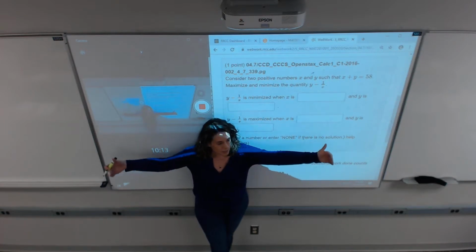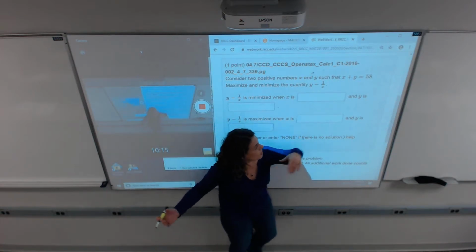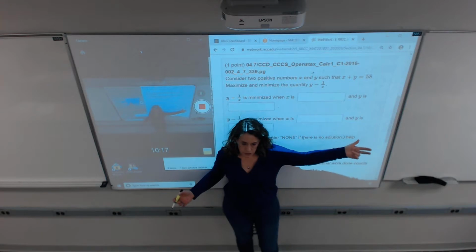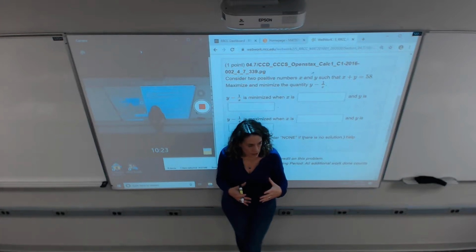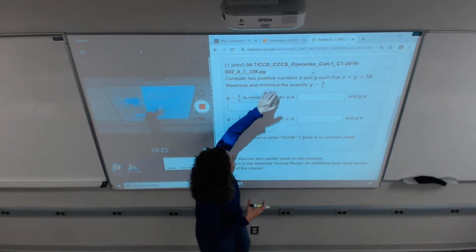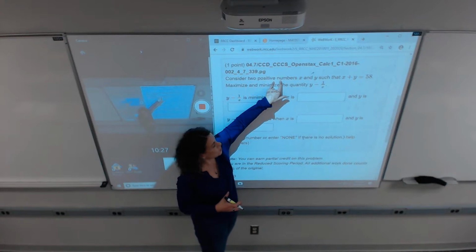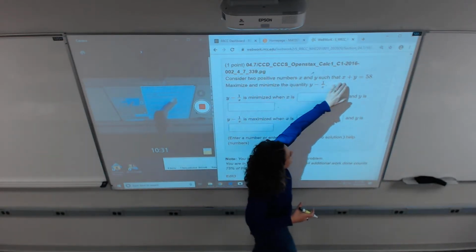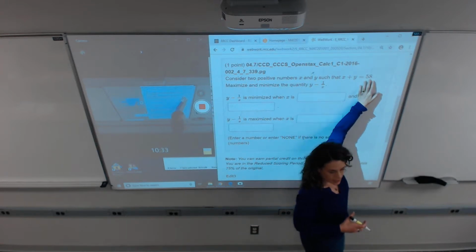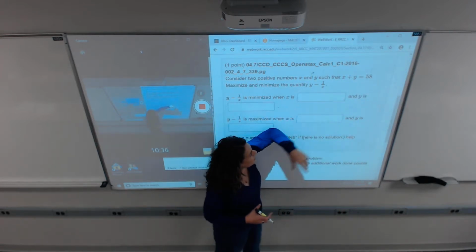I can keep expanding to the left towards 0 and to the right towards 58 without ever needing to have a closed interval. Okay? So I don't think on this one, because they left out the word integer, you have a closed interval. There is no maximum number that this could be to add up to 58, and no minimum.